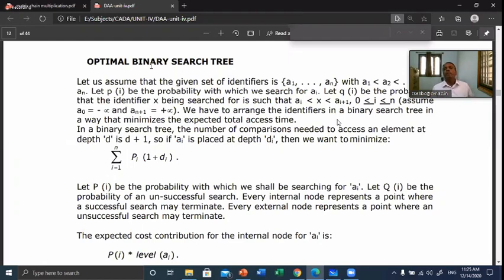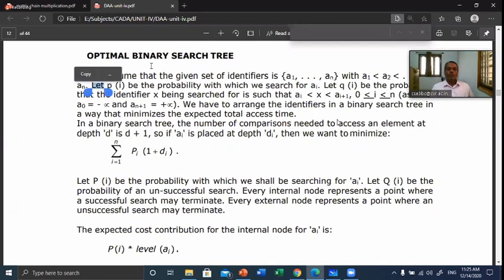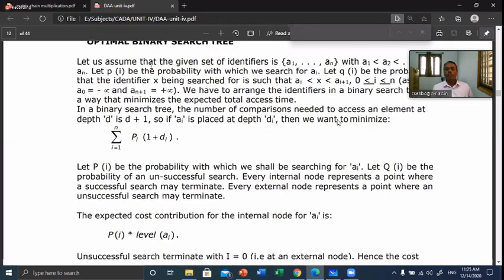Let us take A1 is less than A2 is less than ... AN. Then PI and QI are there.